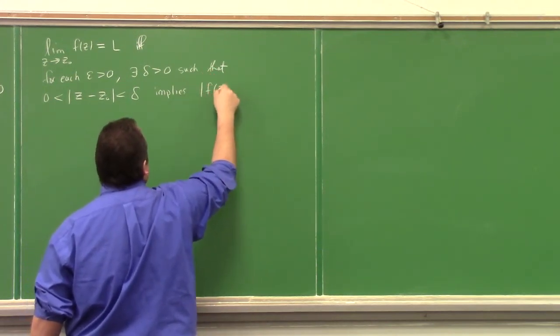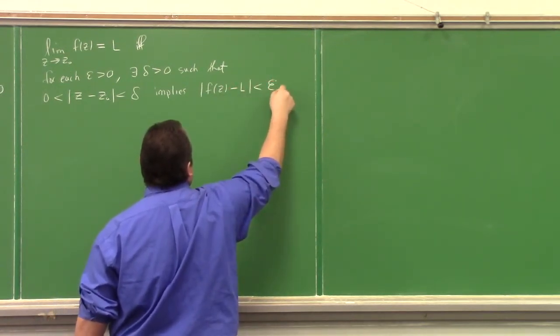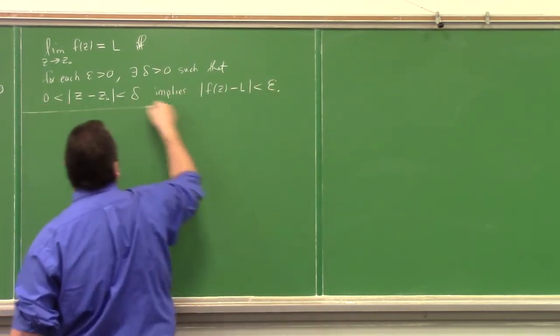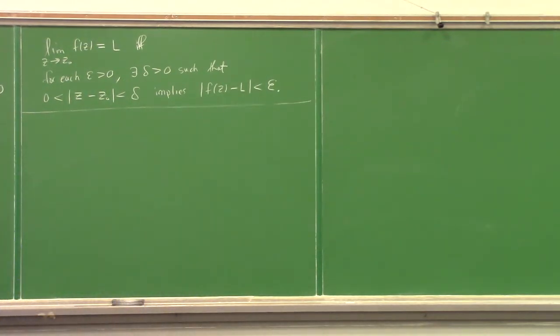Modulus of f of z minus L is less than epsilon. So yeah, this is the same as the Calc 1 definition, but there are certain questions I could ask you to prove the limit.